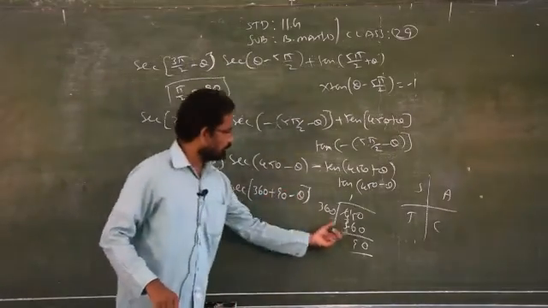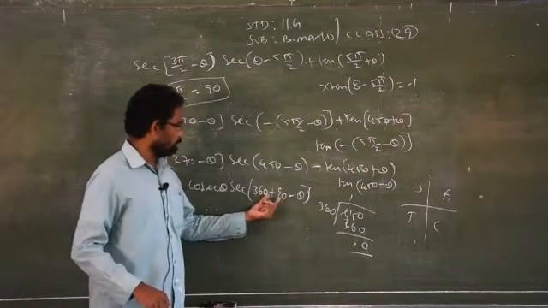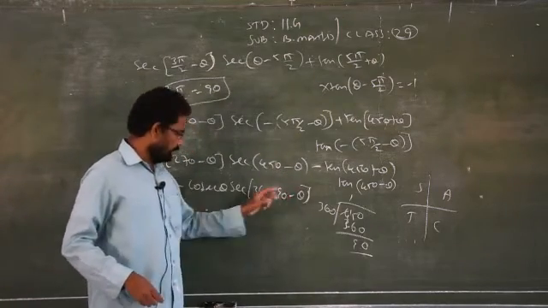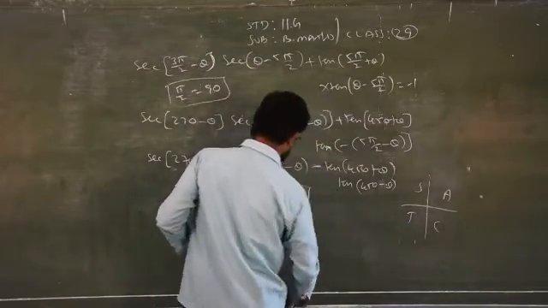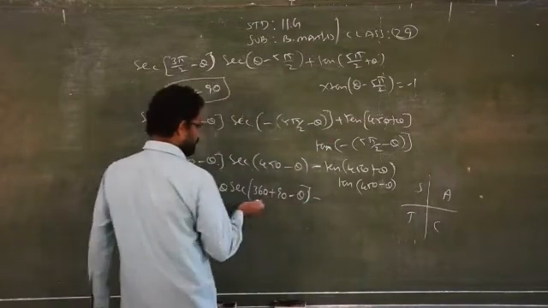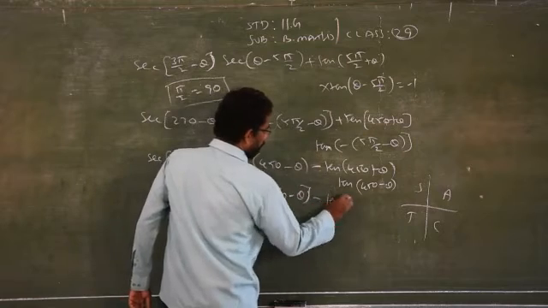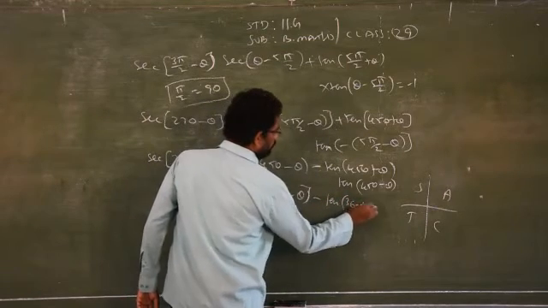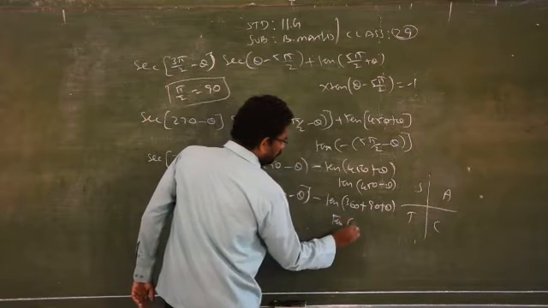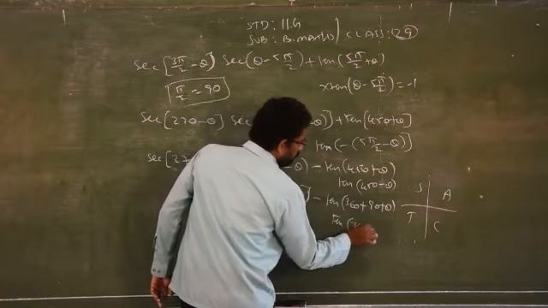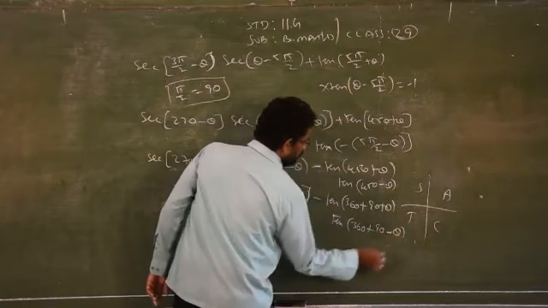Just you have to do the calculations only one time, therefore 360 plus 90, this minus theta. Clear? The same way you have to express the next same concept. Tan 360 plus 90 plus theta and tan 360 plus 90 minus theta.